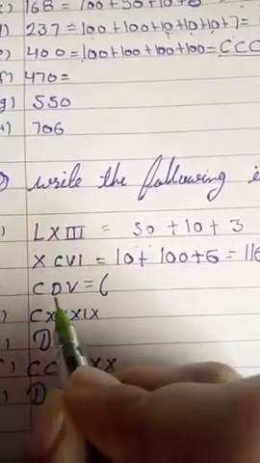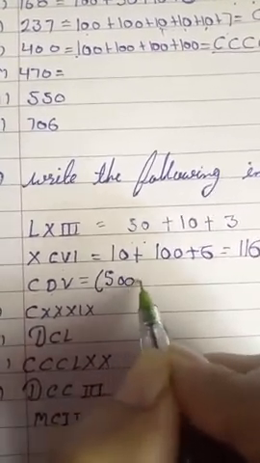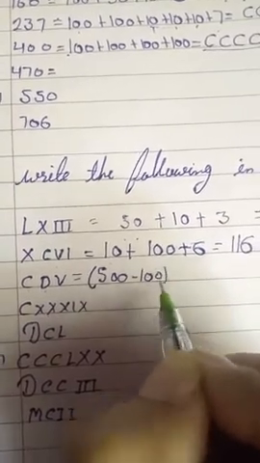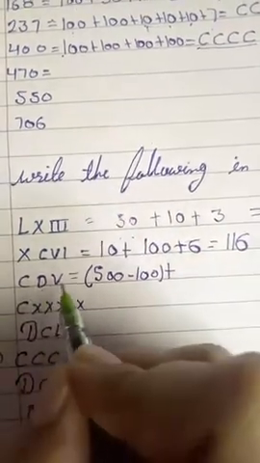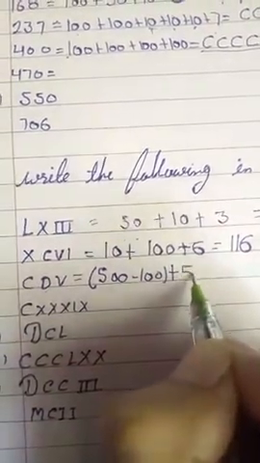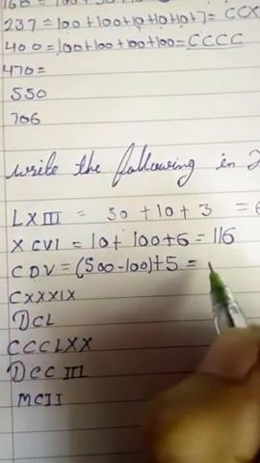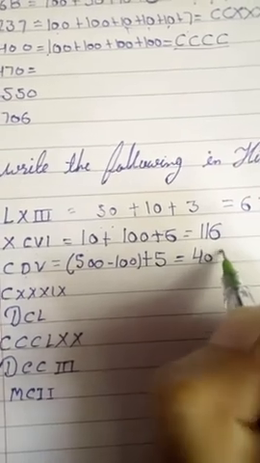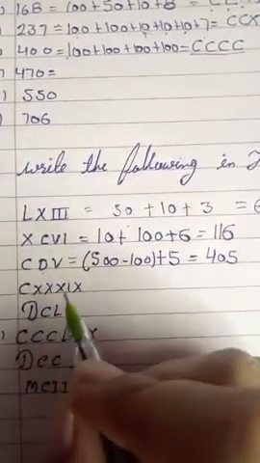We know that D is the symbol of 500 and C is the symbol of 100. So 500 minus 100, then add 5. 500 minus 100 is 400, plus 5, 405. These are Roman number rules.